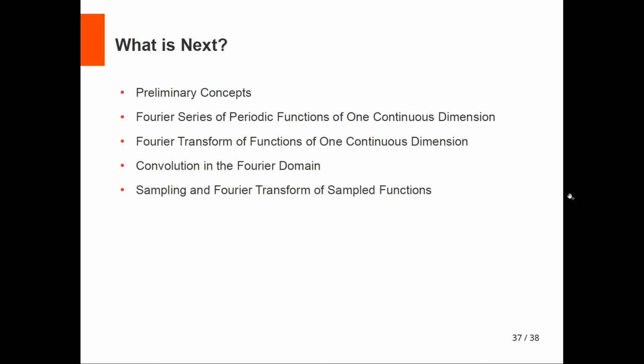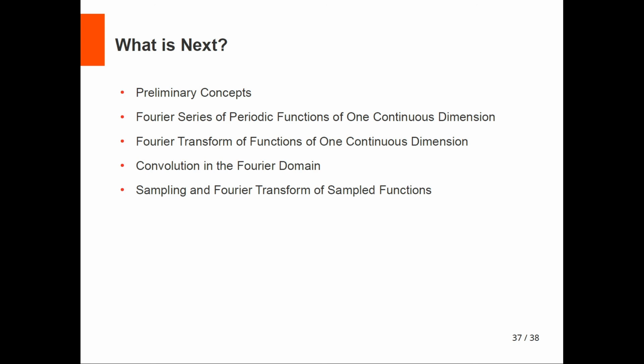In the next lecture, I will talk about the preliminary concepts that are used for defining Fourier transform and Fourier series. I will introduce Fourier series of periodic functions of one continuous dimension. I will also talk about Fourier transform of functions of one continuous dimension.